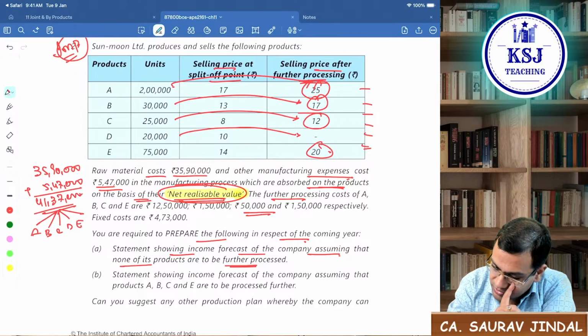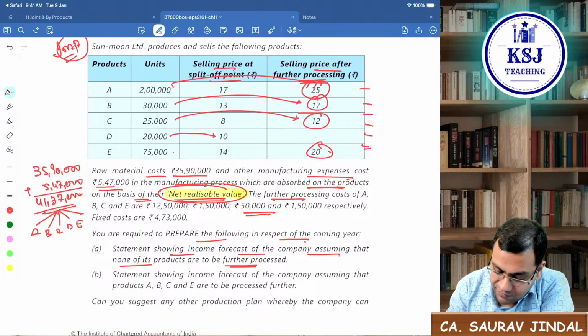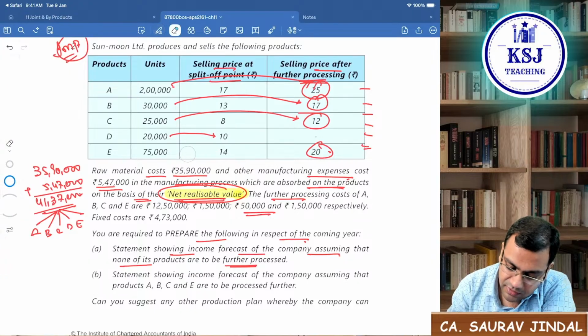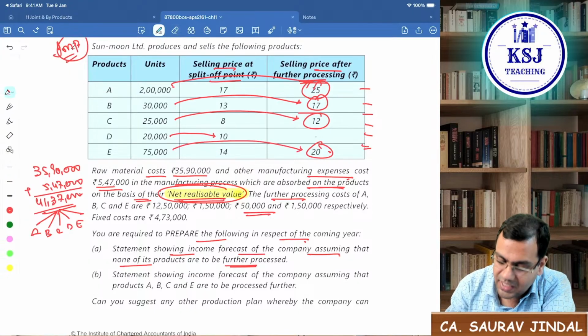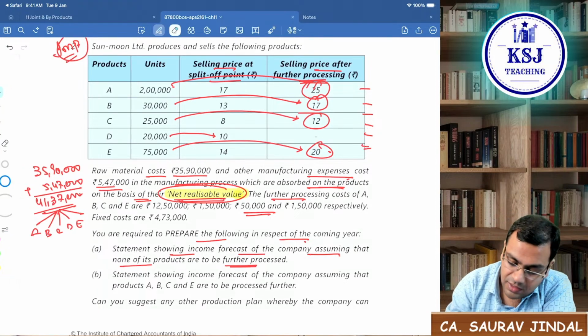If there is no selling price after further processing, take 20,000 into 10. 75,000 into 20, that will give you final sales value.